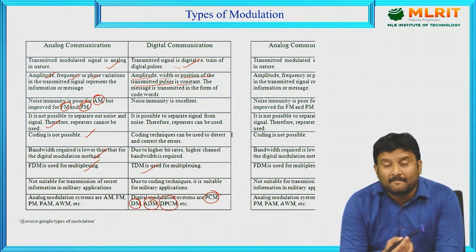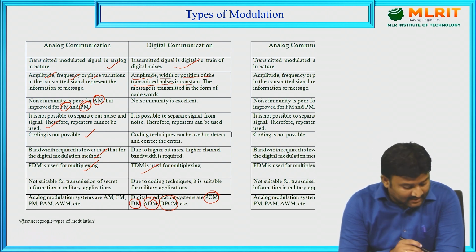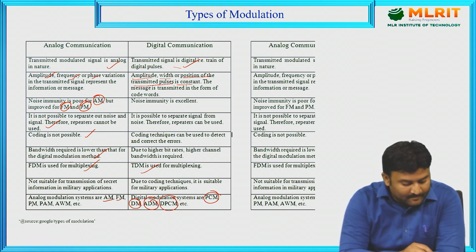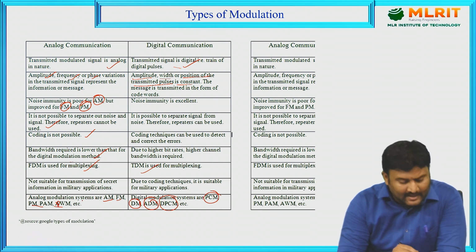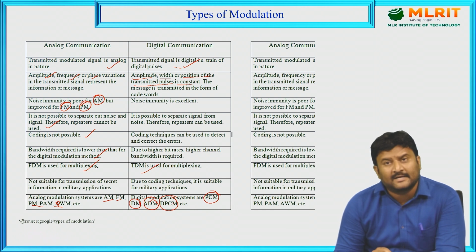But when you apply coding in digital communication or digital modulation schemes, it is very easy to decrypt the information. That's why the analog modulation systems are AM, FM, PM, PAM, PWM, and the digital modulation techniques are PCM, DM, ADM and DPCM.